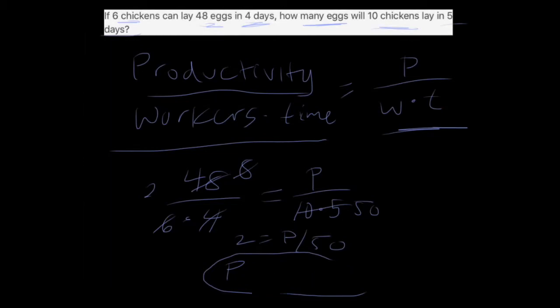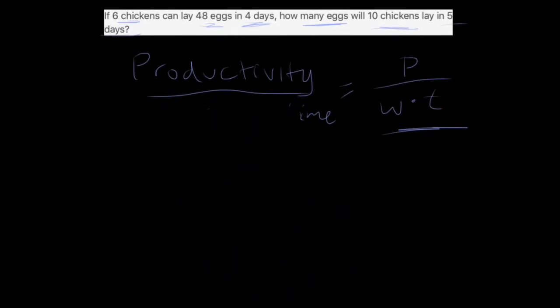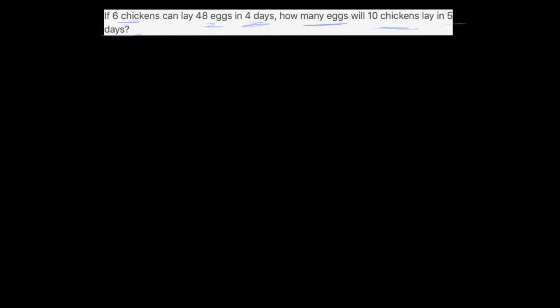So now let's take a look at the other method, the one to help understand the fundamentals. If we have 6 chickens laying 48 eggs in 4 days, we want how many eggs per day per chicken. So basically, how many eggs would one chicken lay per day.